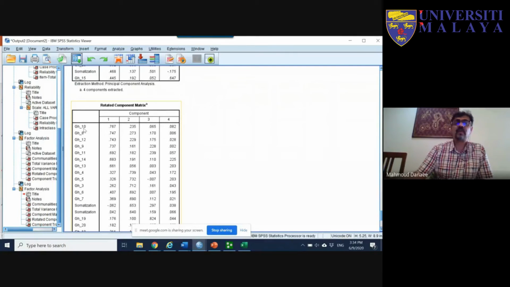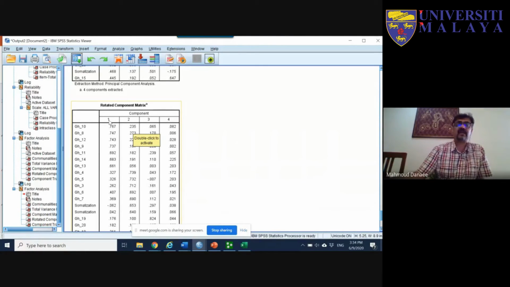If I want to put this item under component 2, I have 76% bias. And if I put this item under component 3, I have 93% bias. This value shows the amount of contribution of each item to each component or factor.